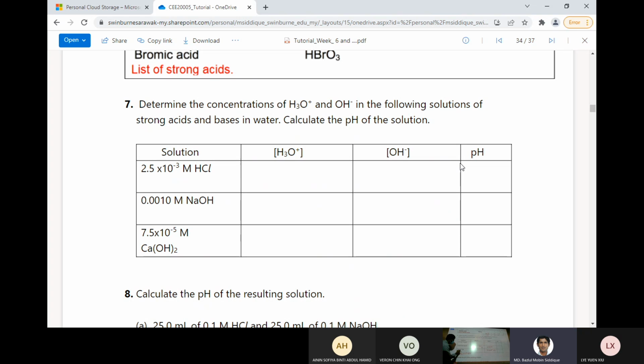And since there is 7.5 times 10 negative fifth, we multiply by 2. So this is the hydroxyl ion concentration I got. And if I want the hydronium ion concentration, from the equation we know hydronium ion is Kw over hydroxyl ion. Is that the question you asked?